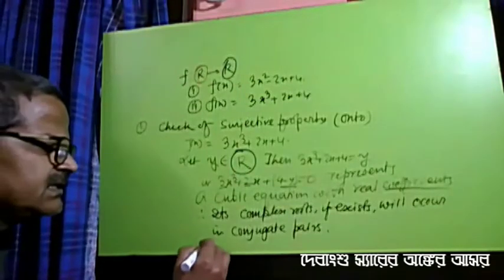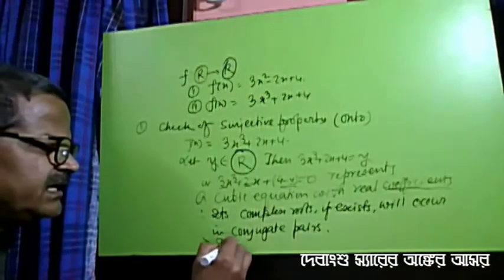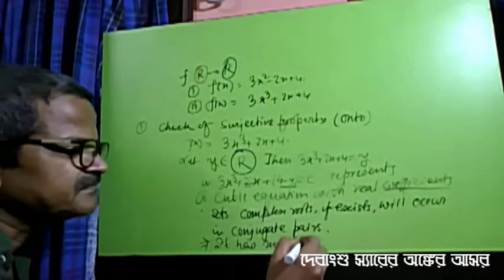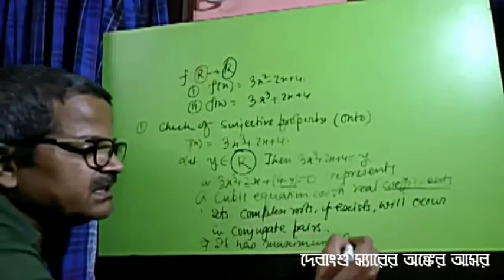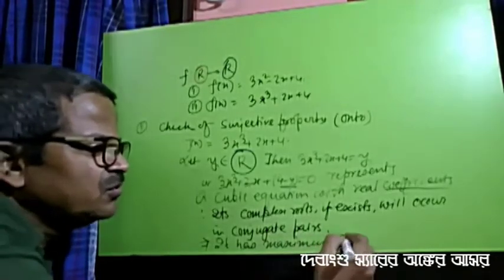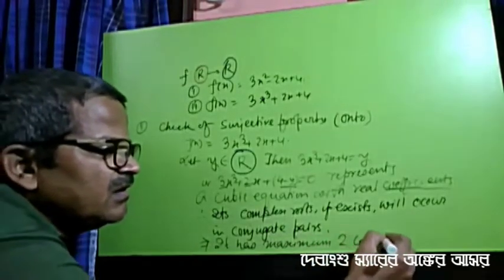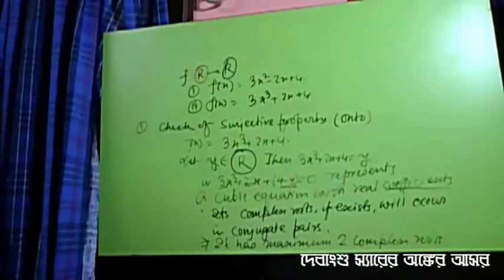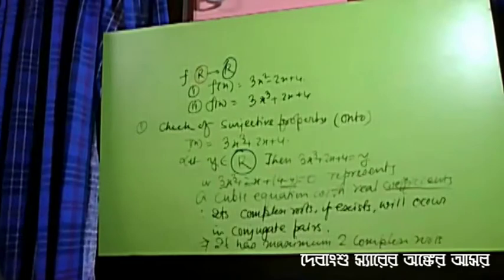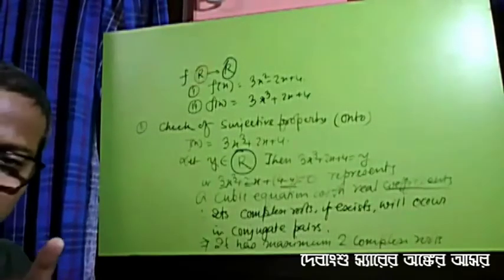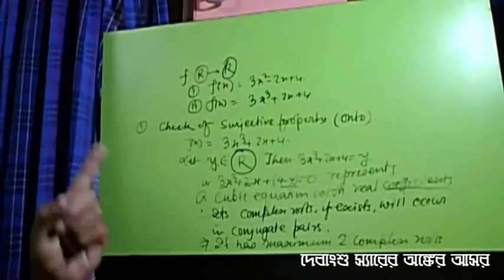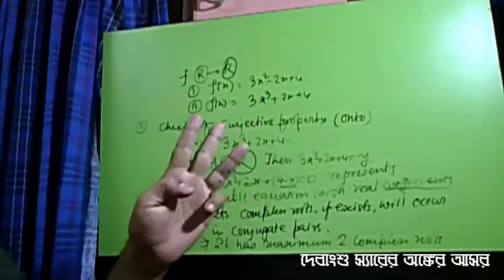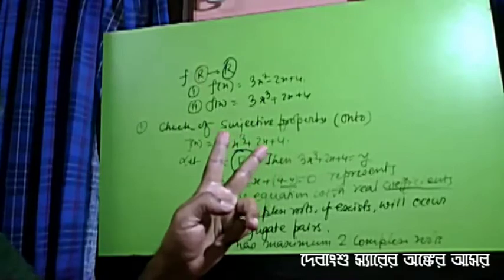That implies it has maximum 2 complex roots, but it is a cubic equation, so it has 3 roots, out of which maximum 2 can be complex.